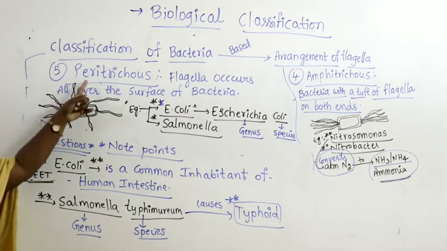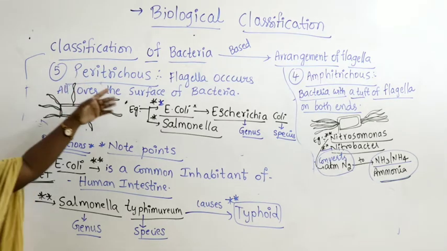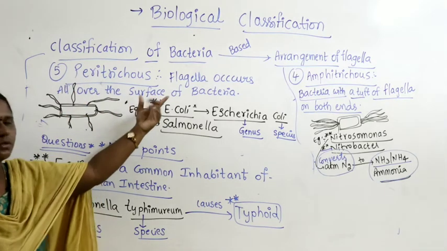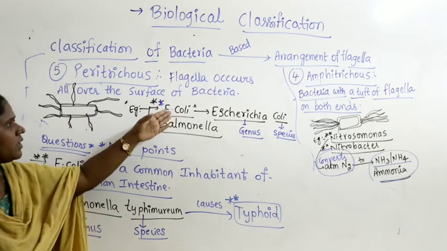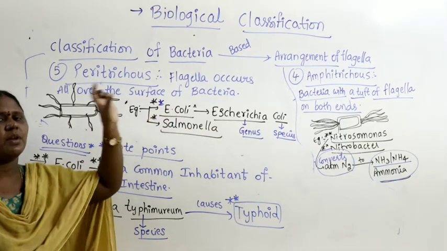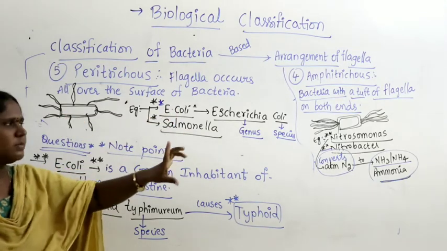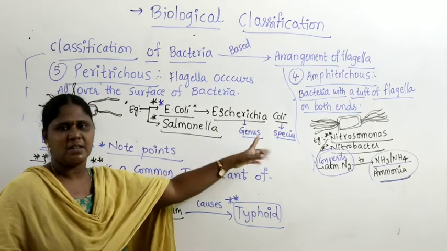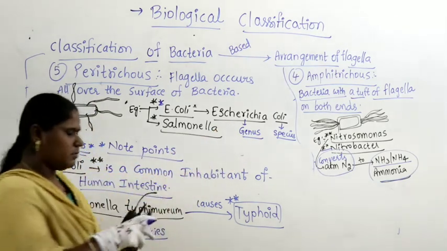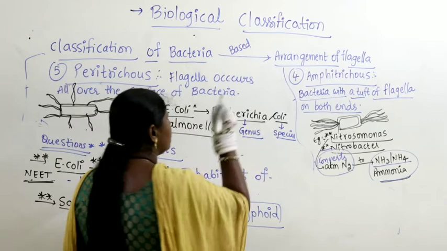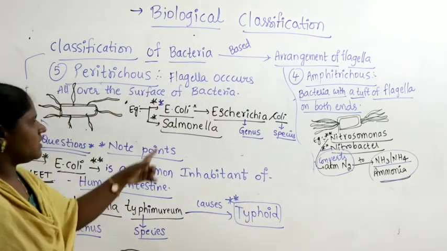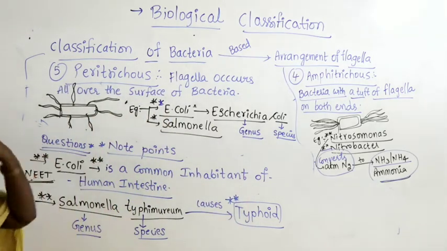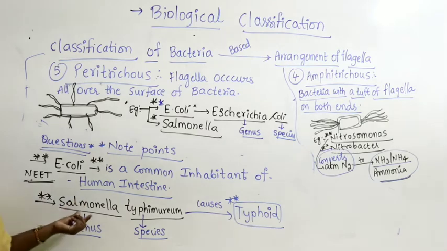Now apart from this, some contain peritrichous, where flagella occur all over the surface of the bacterium. You can take the examples E. coli, Salmonella. Remember, in bacteria also we have two names. One represents the genus name, the other represents the species name. Of course, the species name we have to start with small letters. Escherichia coli, Salmonella. On these two bacteria I have given some important points to remember.